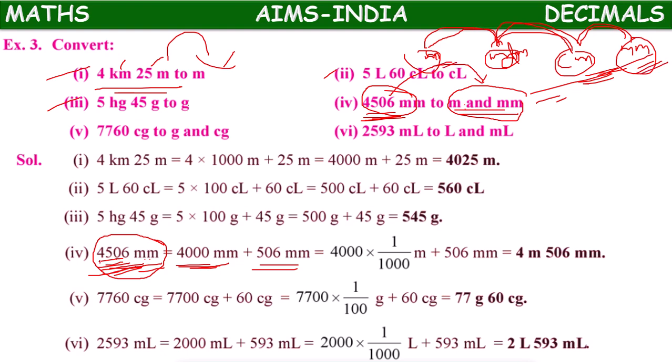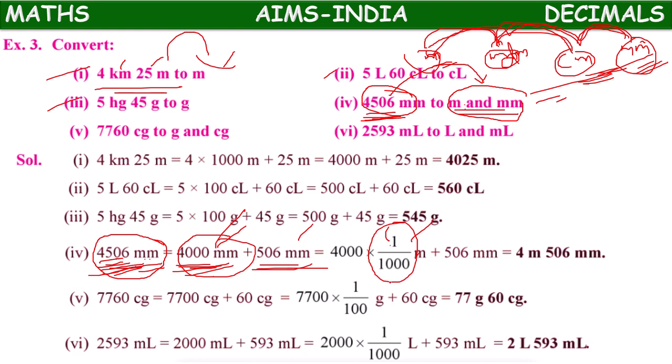Before that, what will we do? 4,506 we will separate into 4,000 millimeters plus 506 millimeters. This 4,000 millimeter we change into meter by dividing by 1,000, because we have to shift 3 places towards the higher value.